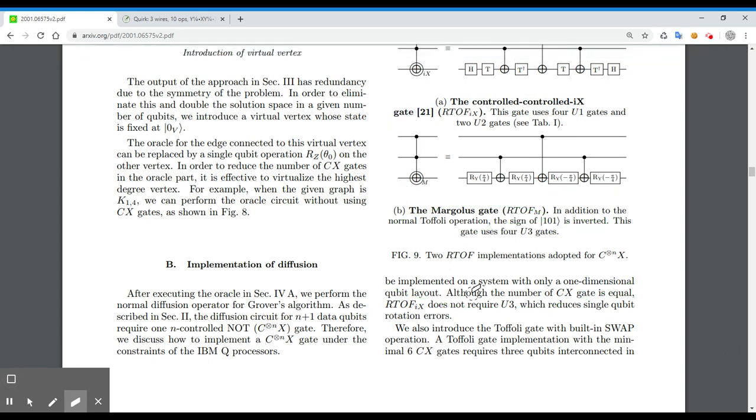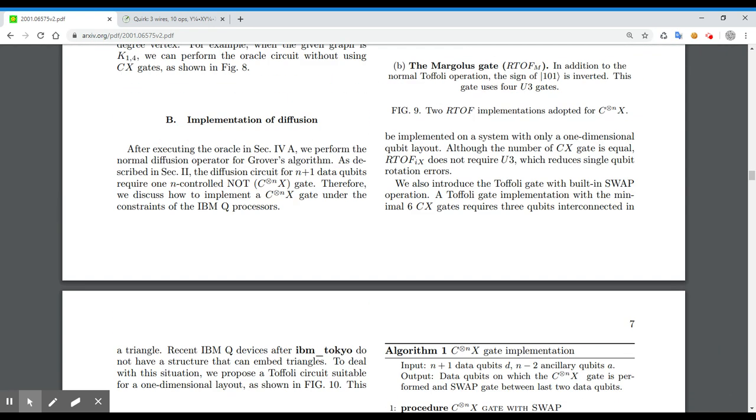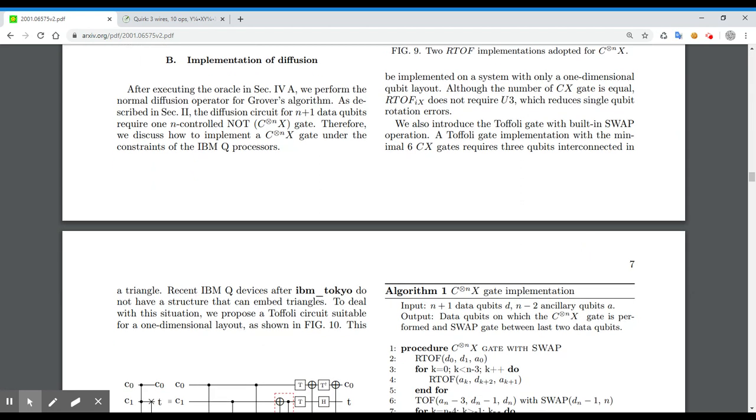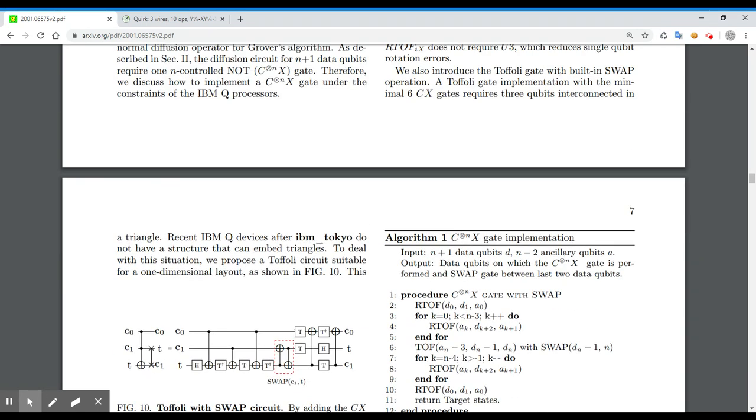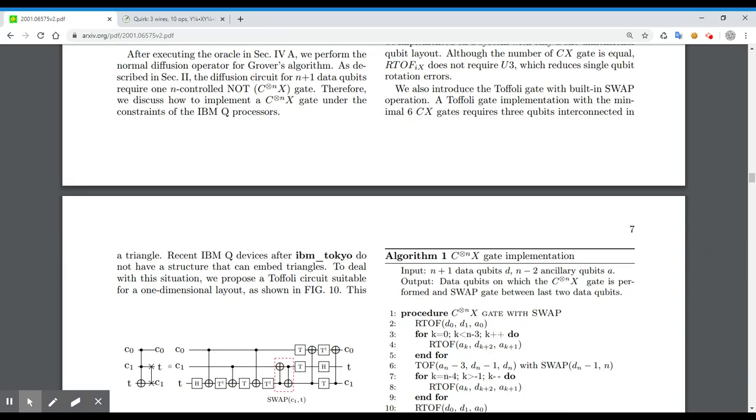So the next step was to understand why there's a need to introduce a Toffoli gate with a built-in swap. A Toffoli gate implementation with a minimal 6 control X gates requires 3 qubits interconnected in a triangle.